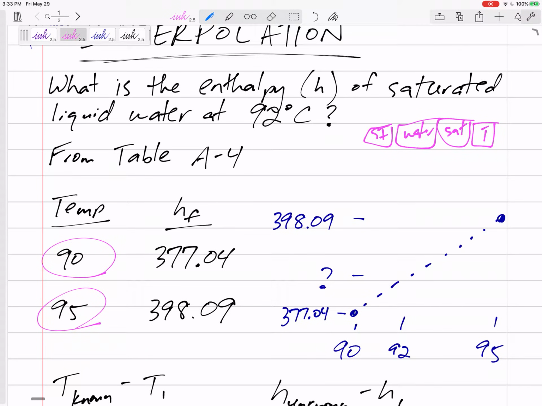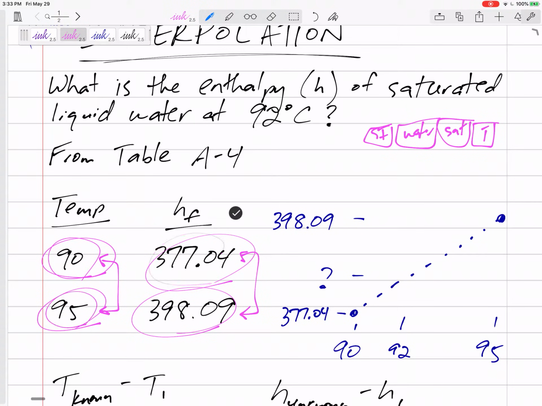What do I do? Well, you have to interpolate. You have to say, okay, if my temperature is in between these two values, then my enthalpy is going to have to be in between these two values. Is it going to be closer to this one or closer to this one? Well, is 92 degrees closer to 90 or 95?